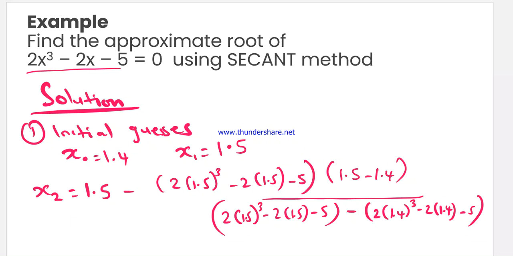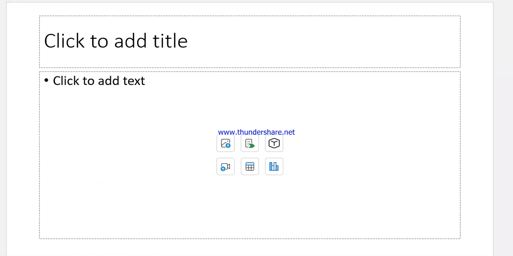When we evaluate that, we are going to have x2 equal to 1.617702.